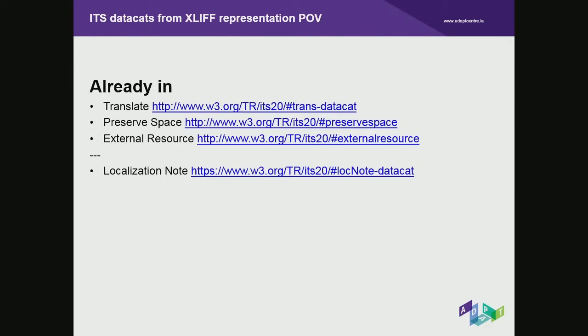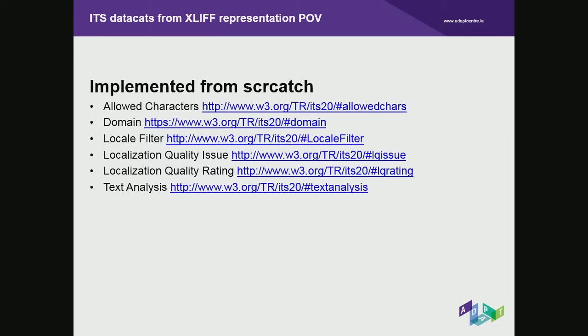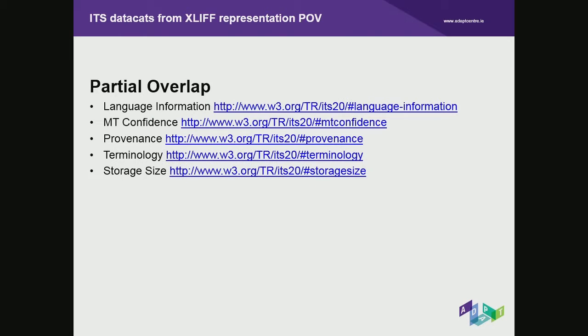So if we go to see how ITS is being implemented in XLIFF now, we know that we already have a lot of them inside XLIFF. So translate, and you can store localization notes in the XLIFF. But we had some data categories that had to be implemented from scratch. These are allowed characters and text analysis. They were not represented in XLIFF at all.